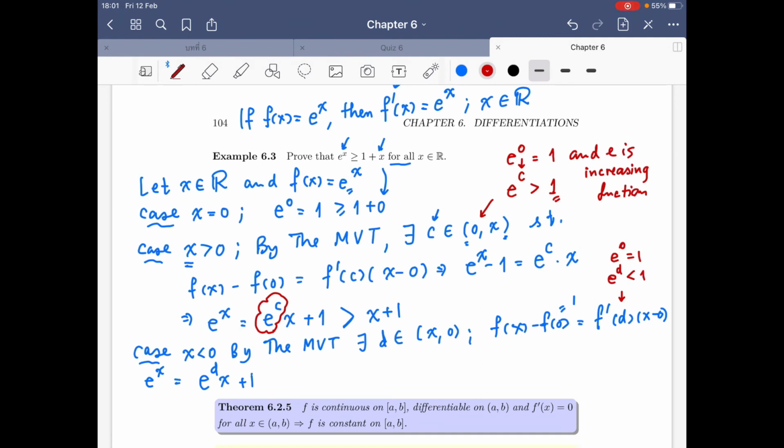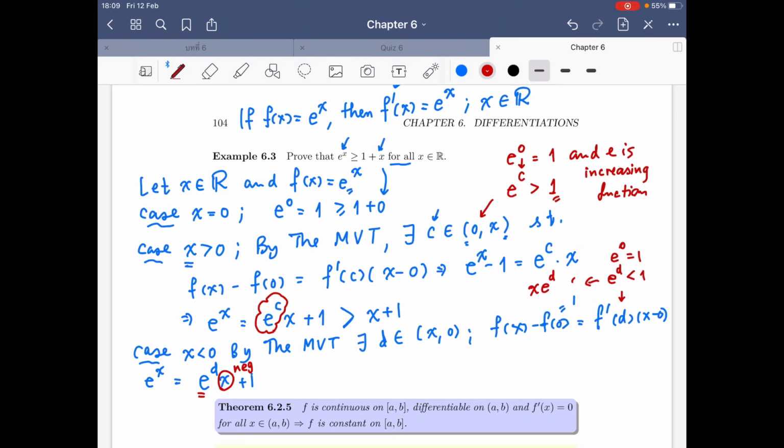However, your x is negative and your e to the d is less than 1. As you multiply this by x, we have x e to the power d.